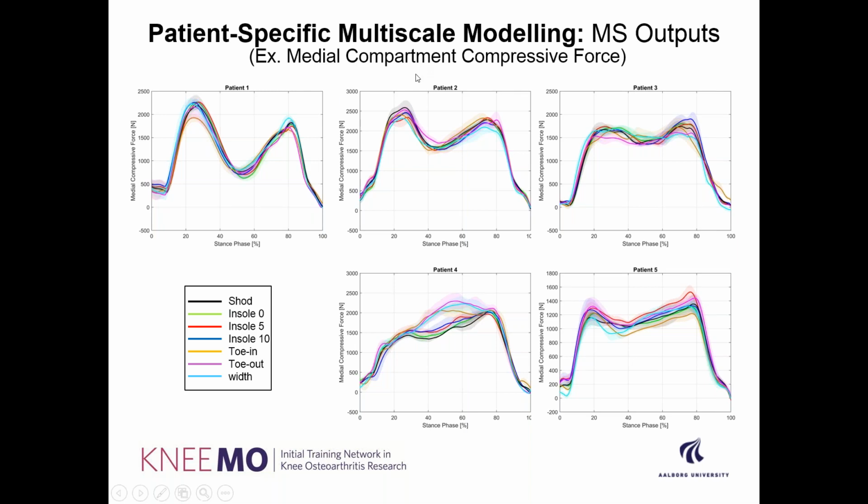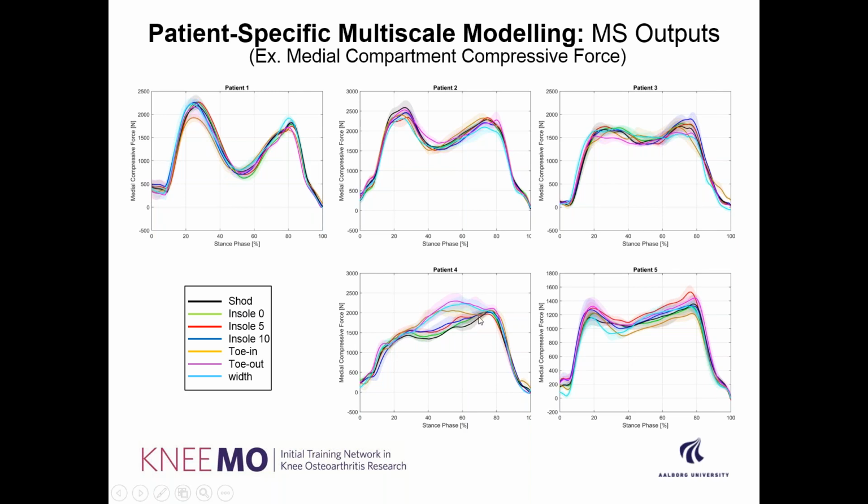So if we just take and compare for now patient 1 and 4, and take a look at the toe in activity, which would be here. So that would look like for patient 1 that's having a significant reduction on the first peak. It does also reduce the second peak, but not as much. But if you apply that same modification to patient 4, you're actually going to get mid-stance much higher loads.